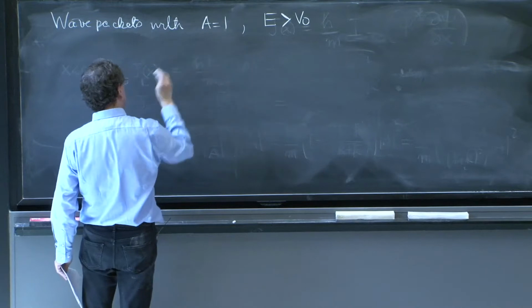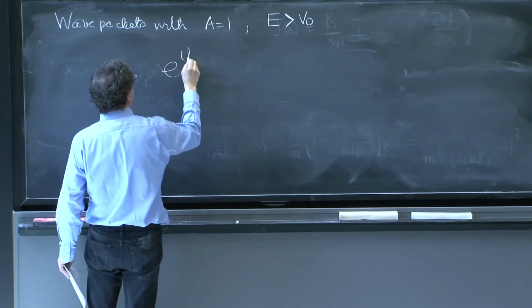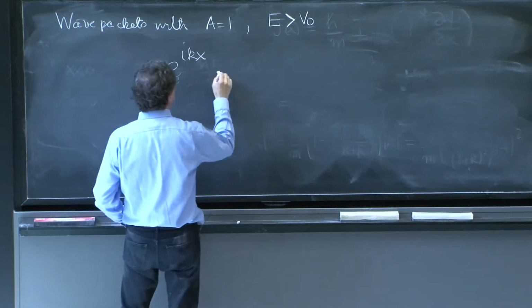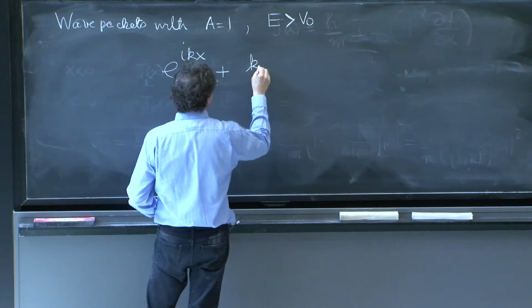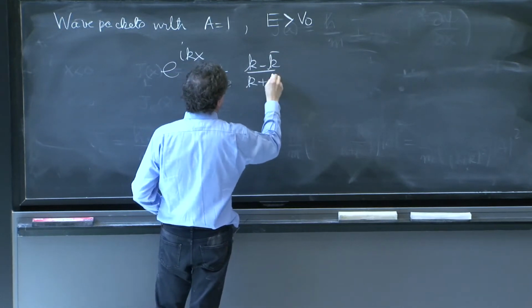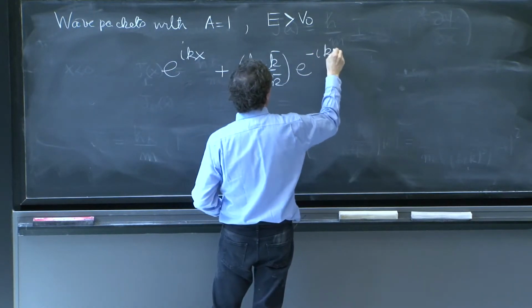So here is a solution with A equals 1. e to the i kx plus (k minus k bar) over (k plus k bar) e to the minus i kx.